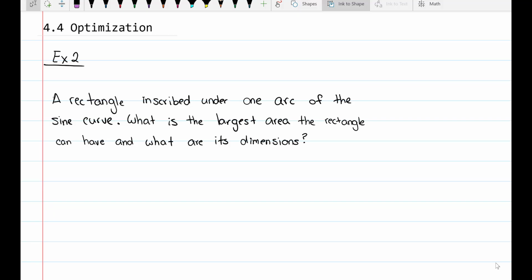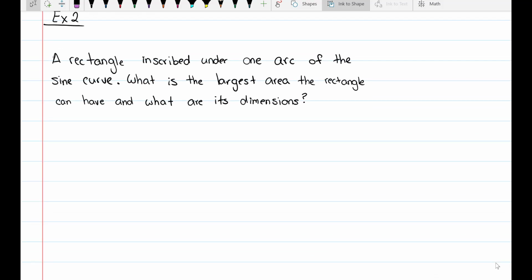So step 1 is to understand the problem. So we're understanding the problem by determining the largest area of the rectangle under the sine curve. To really understand this, it's really going to help to go ahead and just draw sine of x.